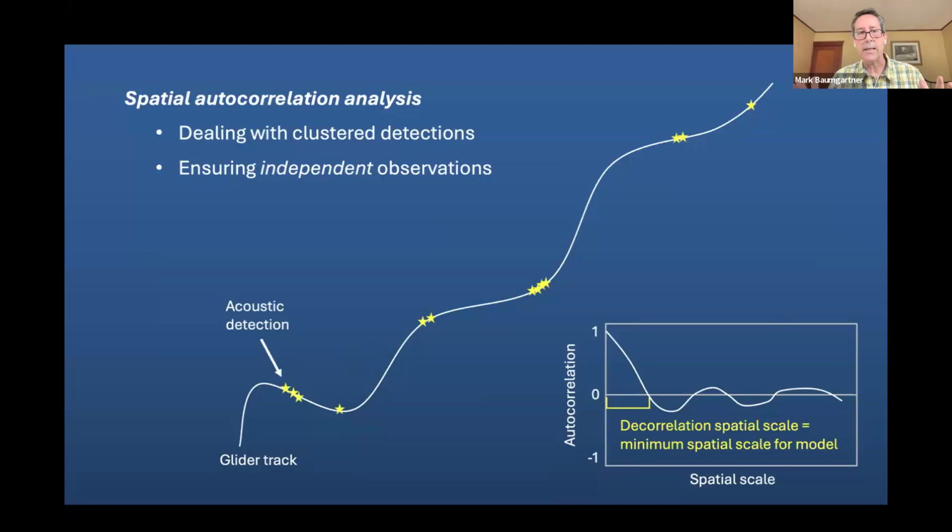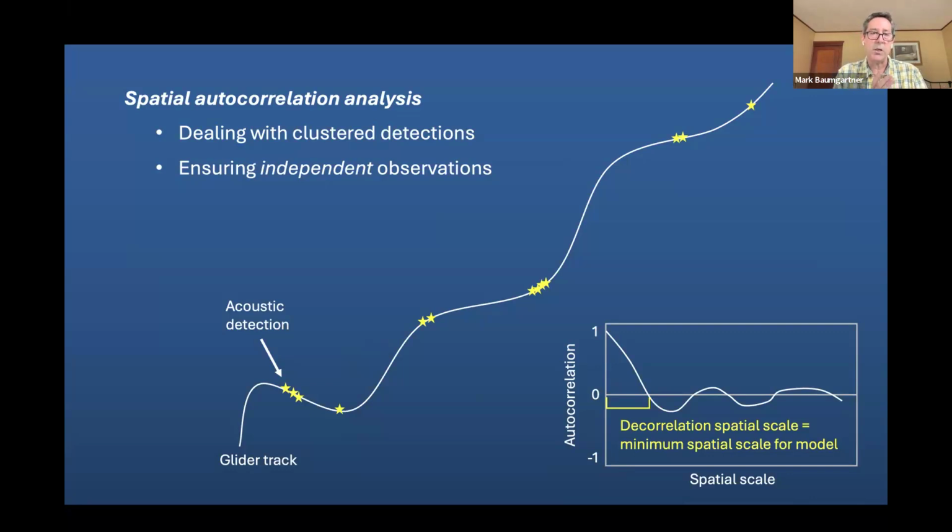Okay, so let's say you had some glider data. You've got a glider track, and in this case, let's just say I detected a call of a particular species at each one of the stars here. Many of you who use acoustic data, either through time or space, know that calls come in bouts, they come clustered.